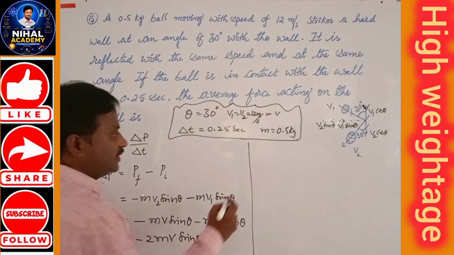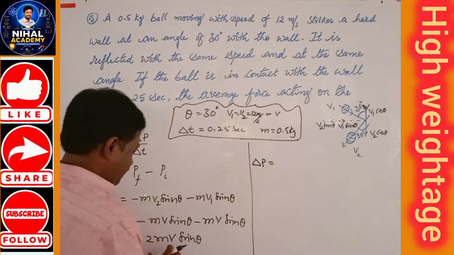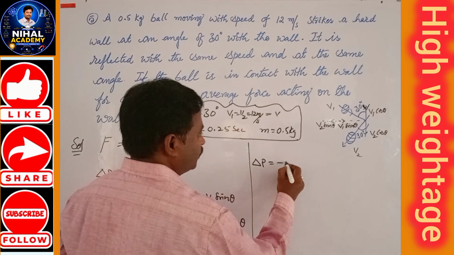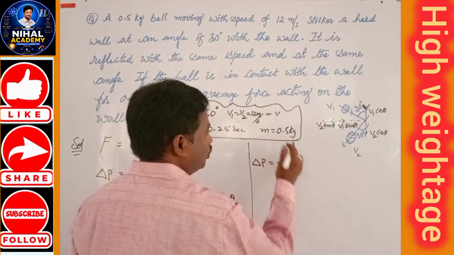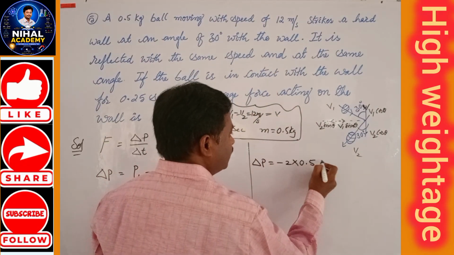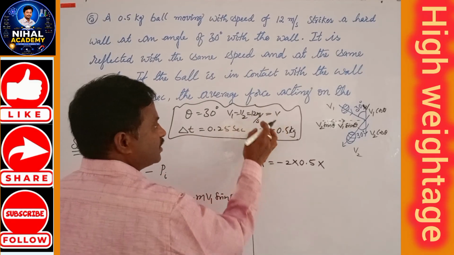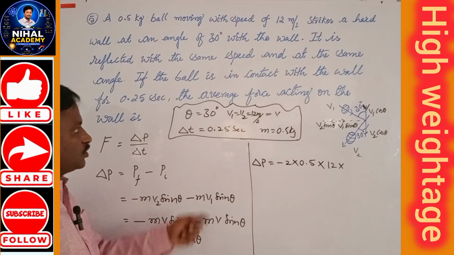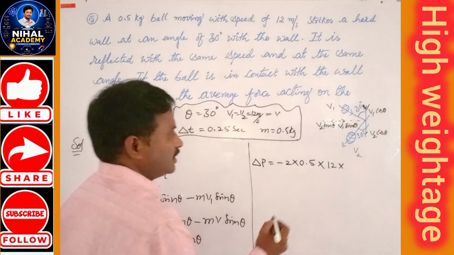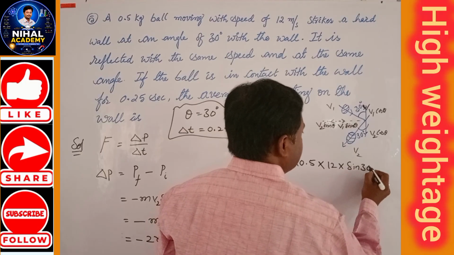From this we can write delta P is equal to minus 2 into the mass m, that is 0.5, into v. v1 is equal to v2 is equal to v, that is 12 meters per second, so 12 into sin theta. The theta value is 30 degrees.